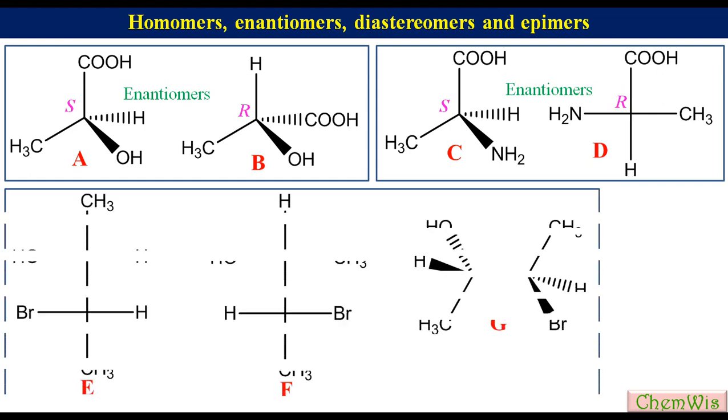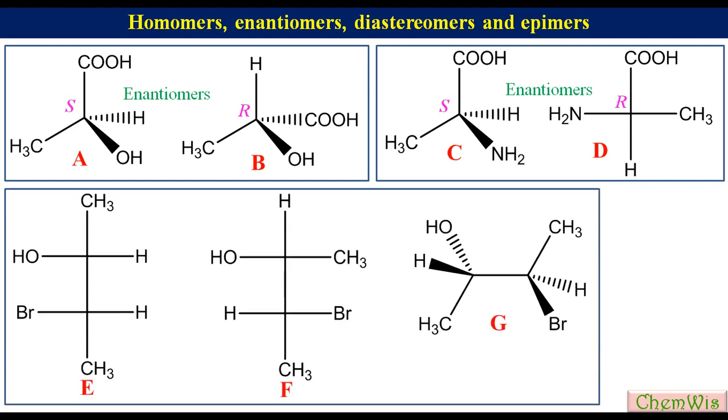Relation among E, F and G. In structure E, the absolute configuration at C2 is R and C3 is S. In structure F, the absolute configuration at C2 is S and C3 is R. In structure G, the absolute configuration at C2 is S and that of C3 is R. Thus, E and F with opposite configurations at C2 and C3 are enantiomers.